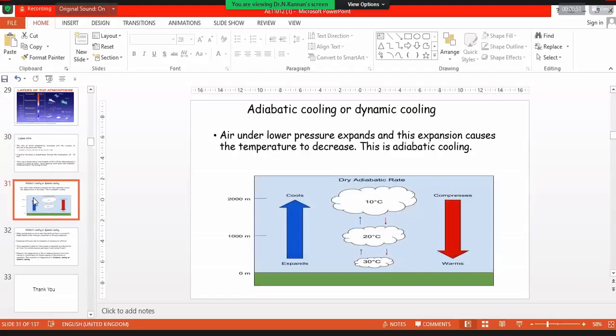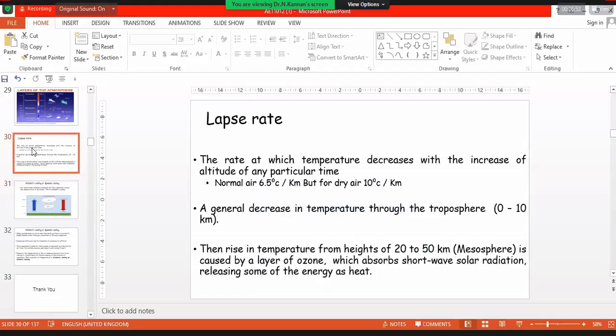You see, right, good. So lapse rate, I have told you there is a reduction in temperature when you increase the altitude. This fact is called the lapse rate, right? So when you increase the altitude, of course temperature reduces.